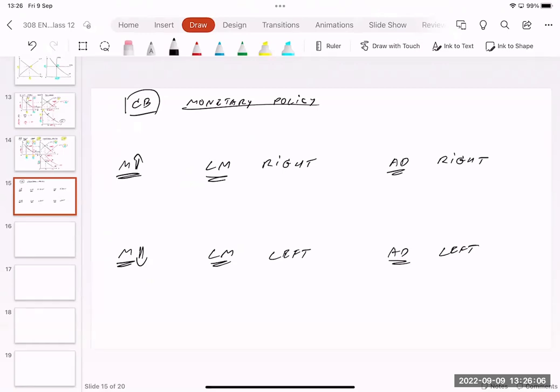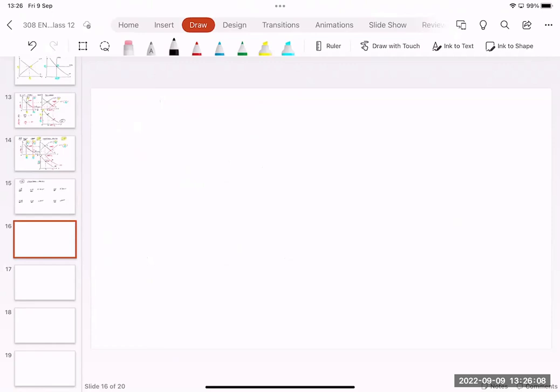Okay. Next one. We're still talking about how the aggregate demand curve can be shifted. But this time we're going to talk about the government. If the government uses fiscal policy, it can shift the aggregate demand curve.